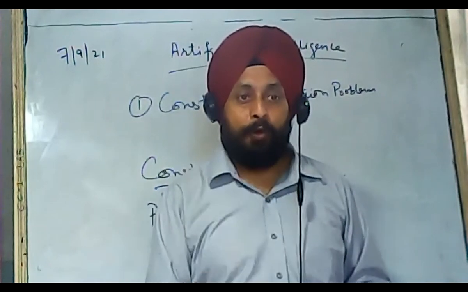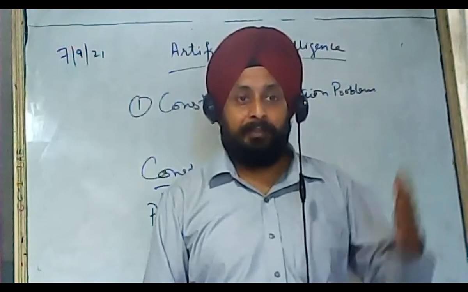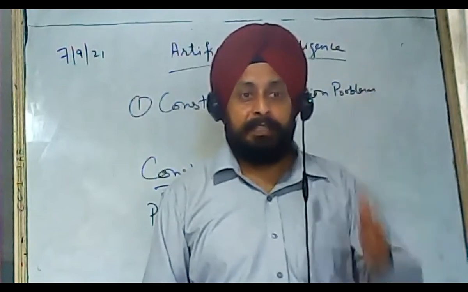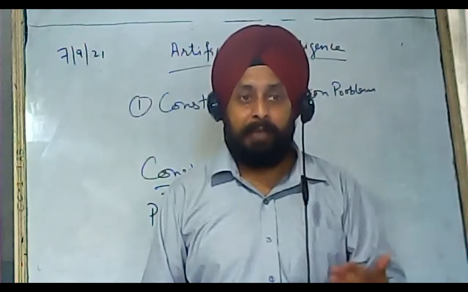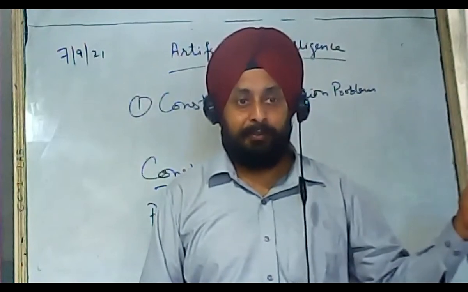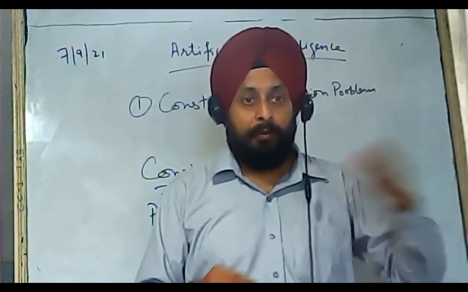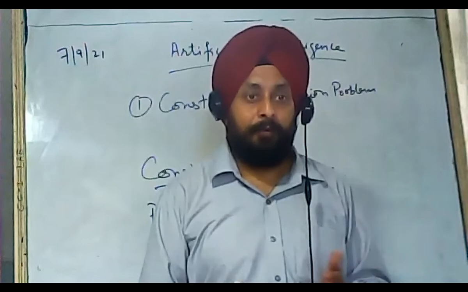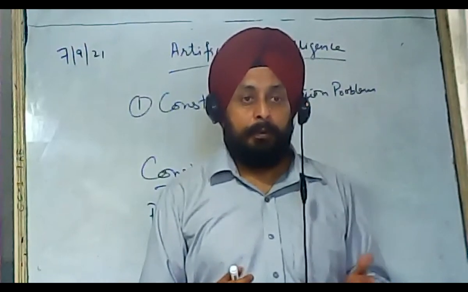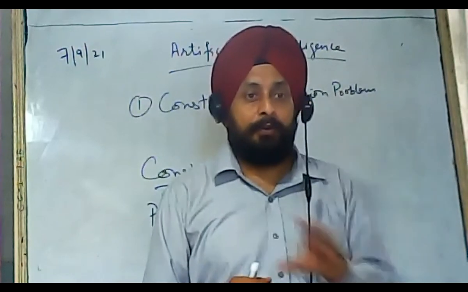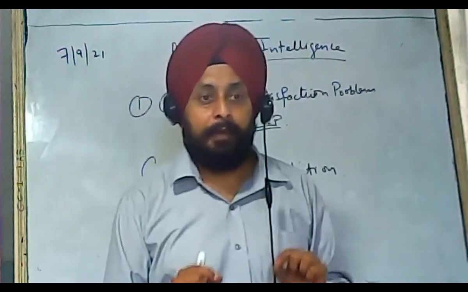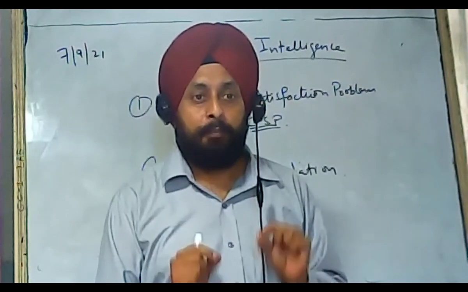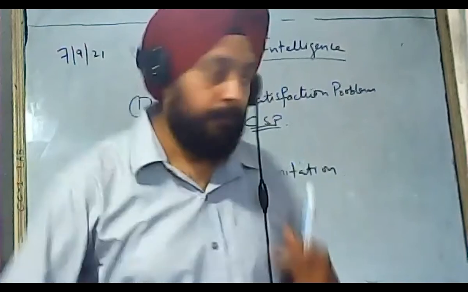So you have to follow the list of constraints on each and every step. When you want to take one step, you have to refer to the list of constraints. So that restriction is always there. This is the overview of the constraint satisfaction problem.